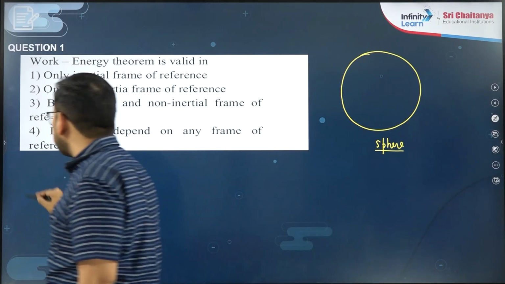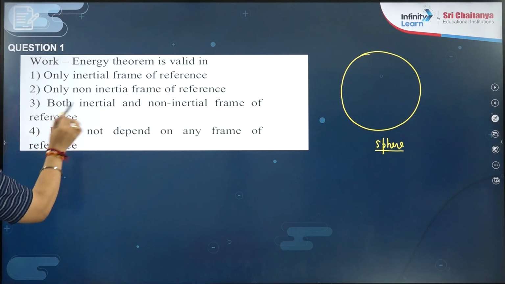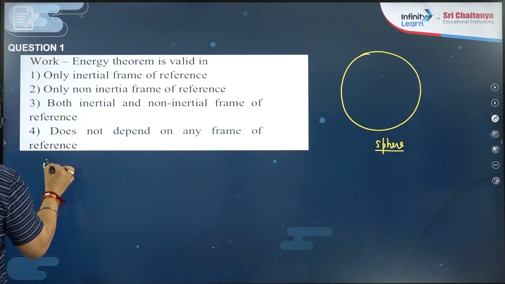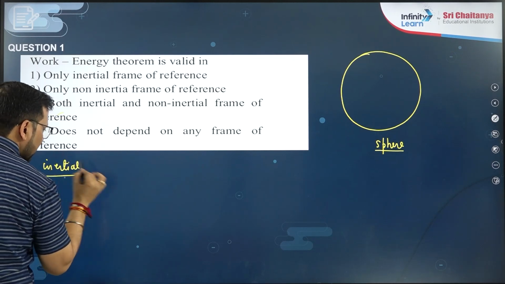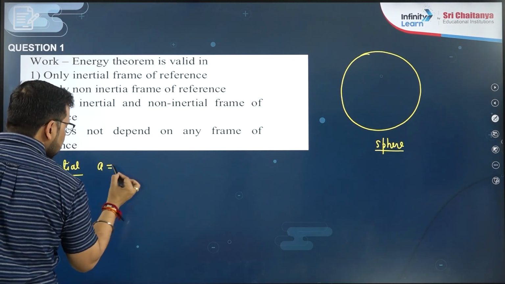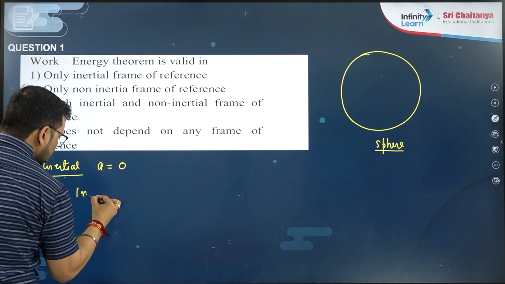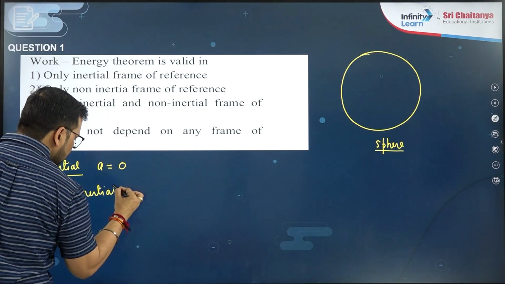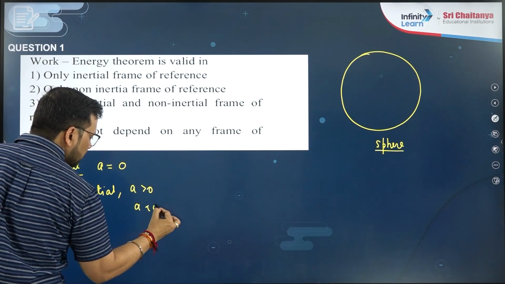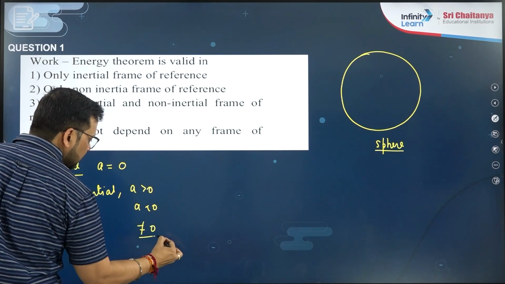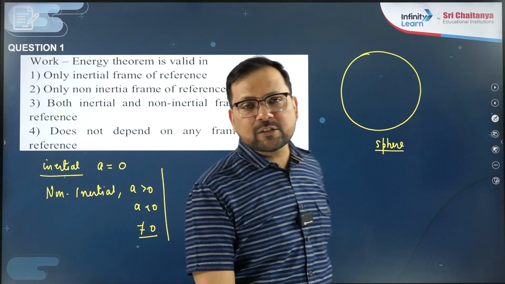Just for your reference, inertial means we are talking about a frame whose acceleration is 0. And non-inertial means an observer or surface or frame whose acceleration is there, either positive or negative, but not equal to 0. So acceleration is present. Now on this basis, I will see this question.